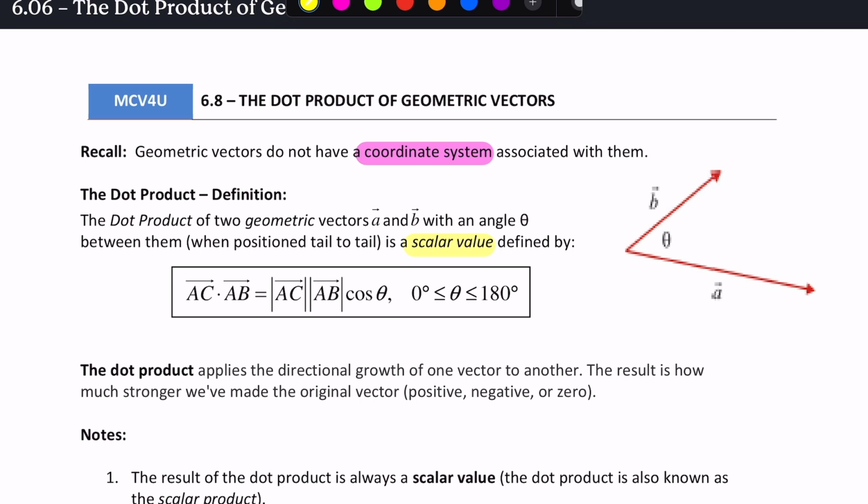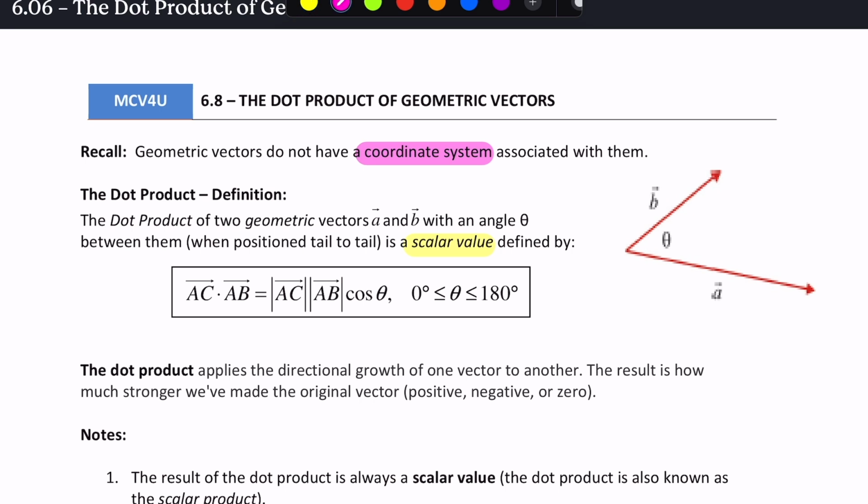The scalar value is defined by vector AC times vector AB, which is equal to the magnitude of vector AC times the magnitude of vector AB cos theta, where theta is between 0 and 180 degrees.